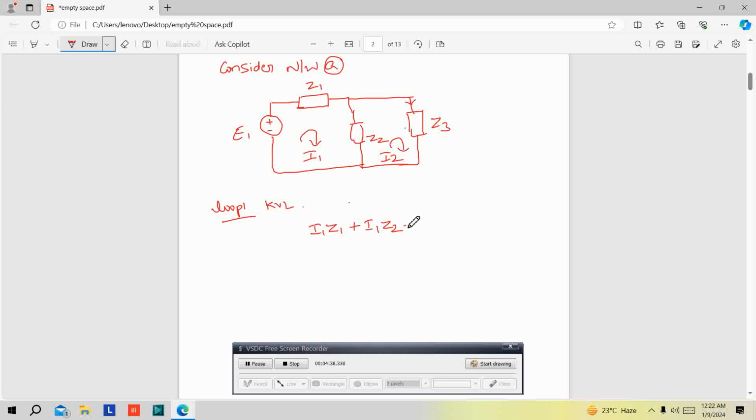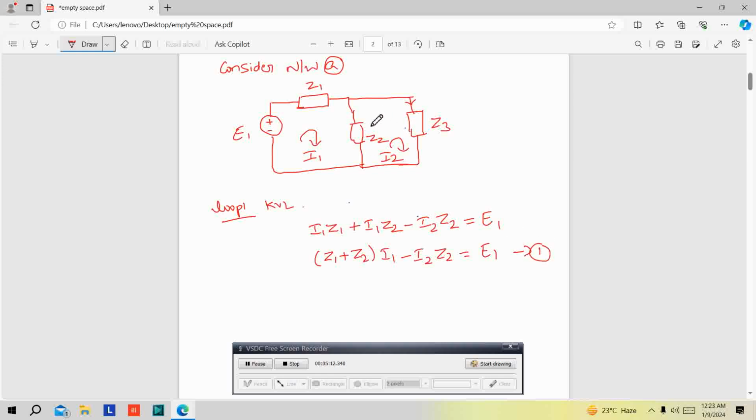That's why we write minus I2 Z2. Then minus E1 equal to 0, or you can write plus E1 on this side. I'm going to shift E1 to this side. Then take I1 common: Z1 plus Z2 into I1 minus I2 into Z2, which is equal to E1. Call this equation 1.